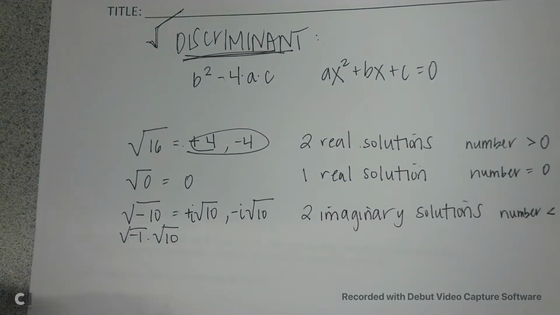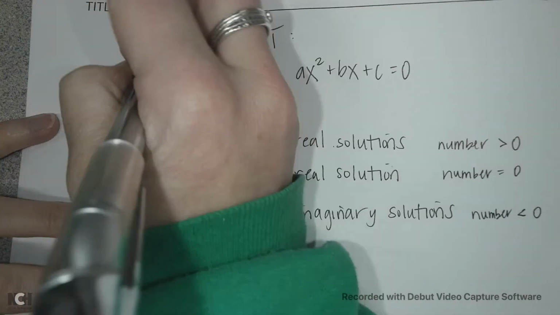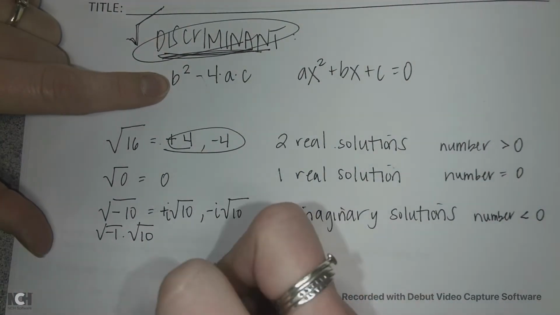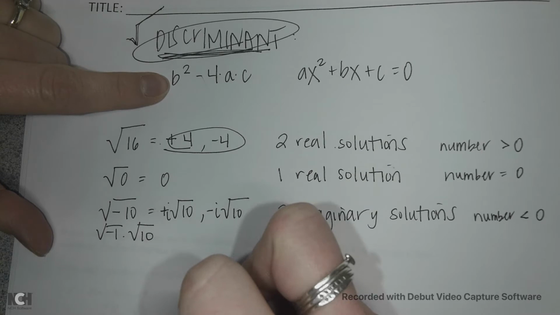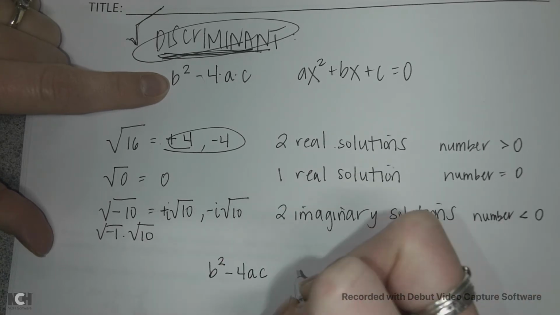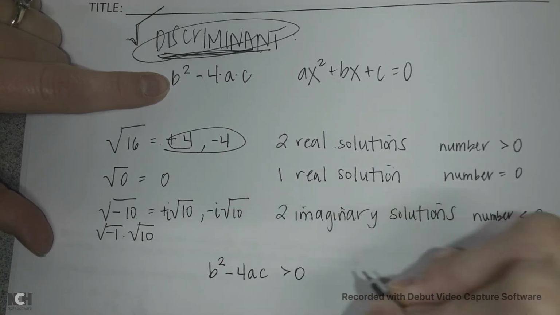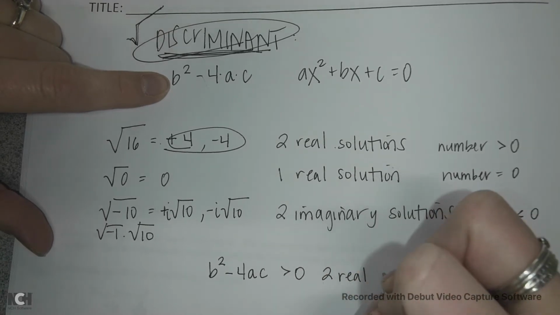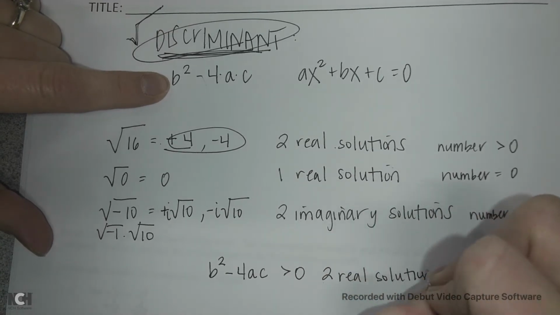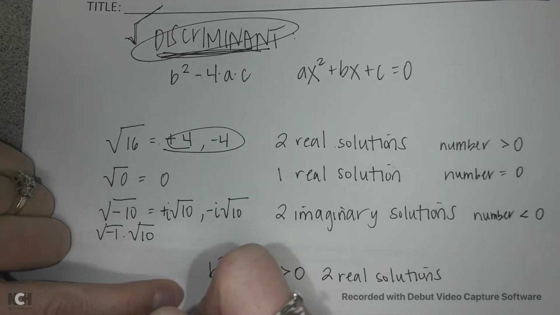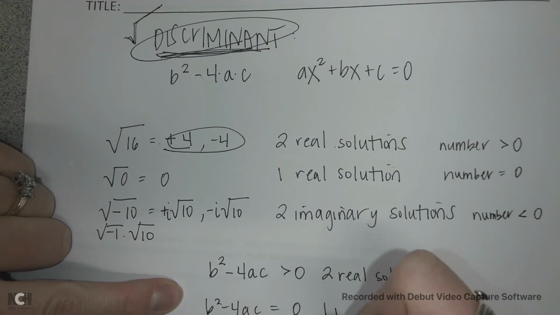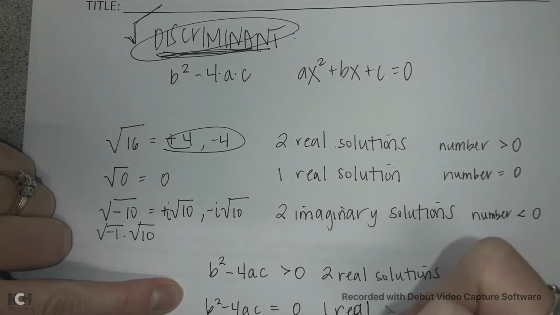Okay? Now this number that we're talking about is our discriminant. So if we figure out that b squared minus 4ac is greater than 0, we are going to get two real solutions. If we find out that b squared minus 4ac is equal to 0, then we get one real solution.